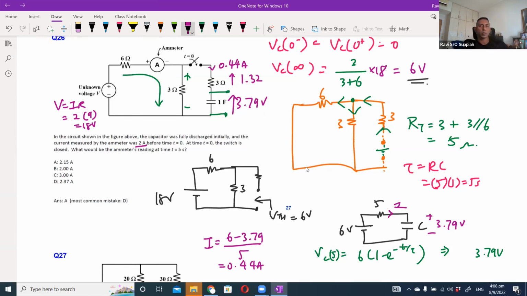The voltage drop across the capacitor is 3.79. The voltage drop across the 3 ohm resistor is 1.32, which means the total voltage drop here is the addition of both of these, which will be 5.11 volts. That means the voltage at this point here is 5.11 volt.